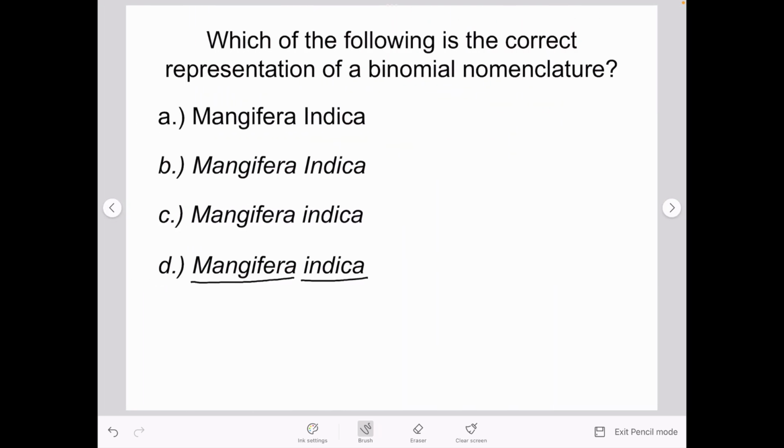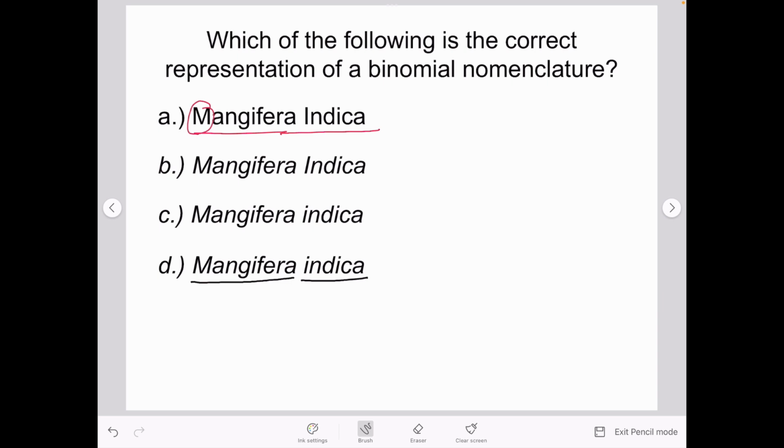Let's look at option number A. Since we are looking at print media, we have to understand that the scientific name here is printed. Looking at option A, does it have two parts? Yes, it has two parts. Is the first letter of the genus a capital letter?